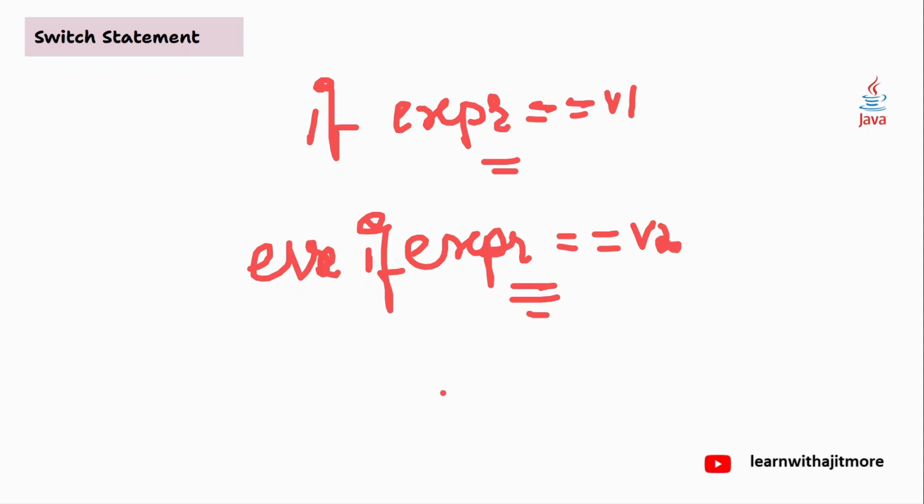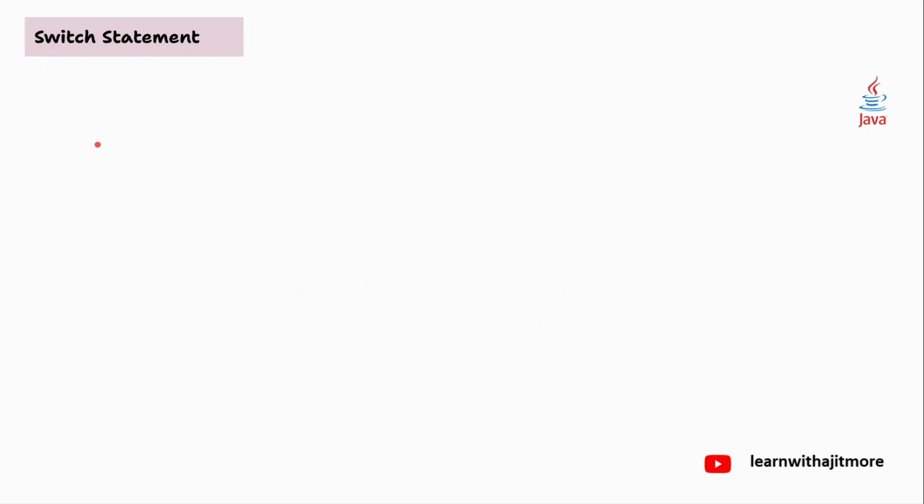So instead of writing this chain of if else, a more systematic, more elegant way is the switch statement. It's just an alternative. But just remember, strictly, you have to use switch when you want to match an expression with different constant values. And with whichever constant value that expression matches, its associated code or statement should get executed selectively.